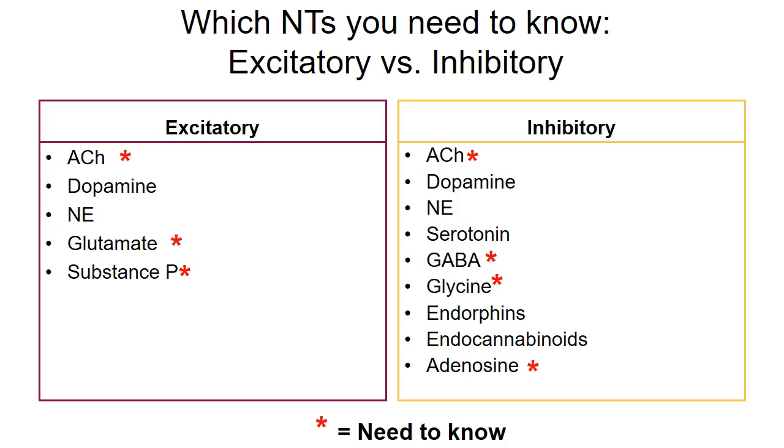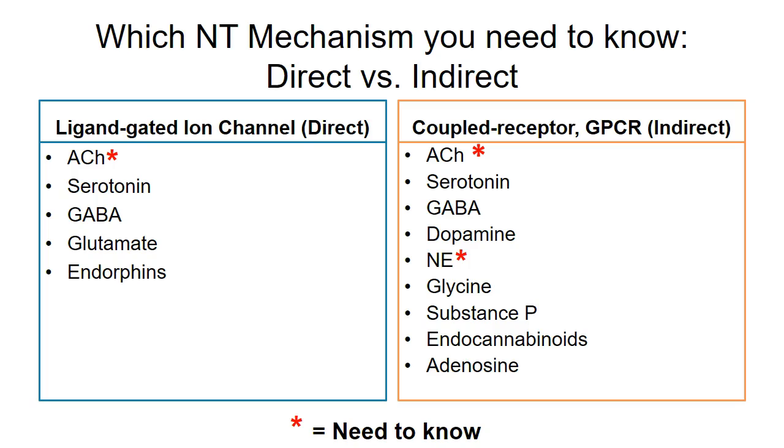All right. So I just want to finish this up real quick. You don't have to know all the things that we talked about. I've highlighted the ones that you do need to know. So you do need to know that acetylcholine, glutamate, and substance P are excitatory, and that acetylcholine, GABA, glycine, and adenosine are inhibitory. You do need to know the neurotransmitter mechanism, direct or indirect.